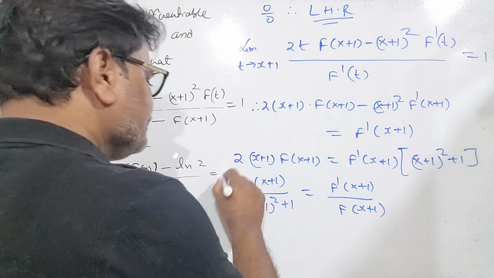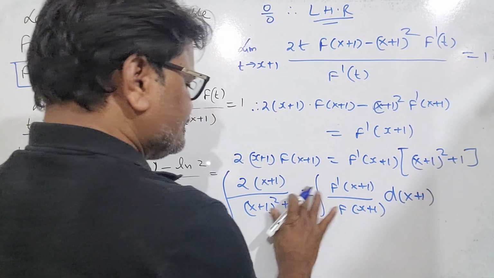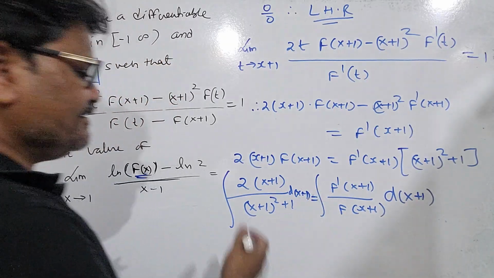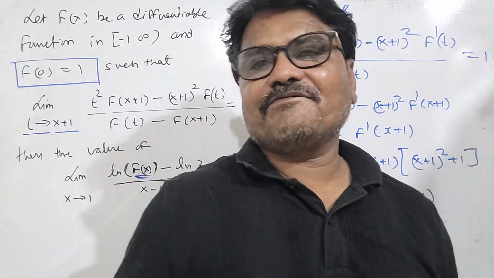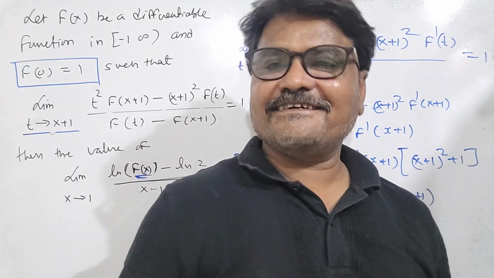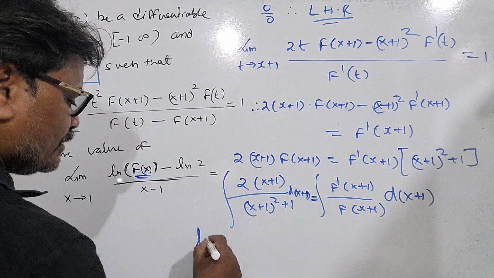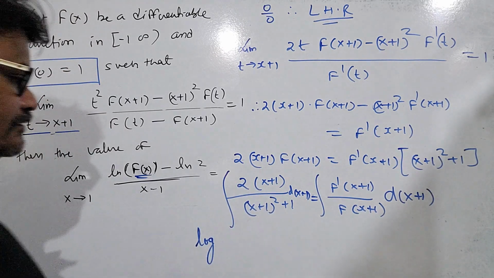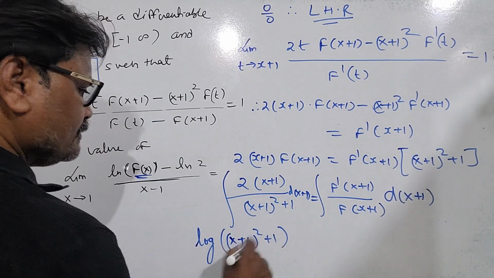Either way, I can differentiate with respect to d of (x+1), here also d of (x+1). So this x plus 1 is your variable of integration. No problem. This is very easy integration. This is log of (x+1) whole squared plus 1.